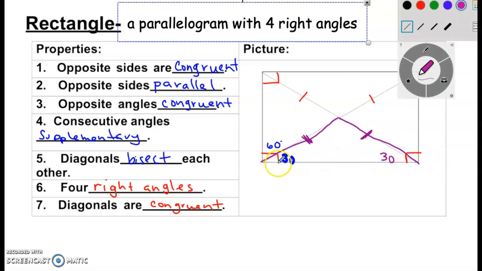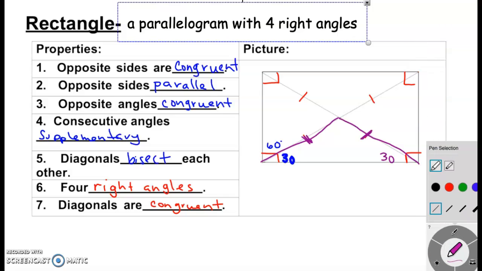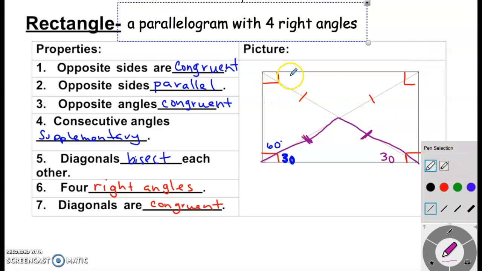So if this is 30, this has to be 30. And likewise, I could also say that if those 2 are 30, then these 2 are 30, because it's just the same triangle flipped up, which then also tells me that I have 60 and 60 and 60.